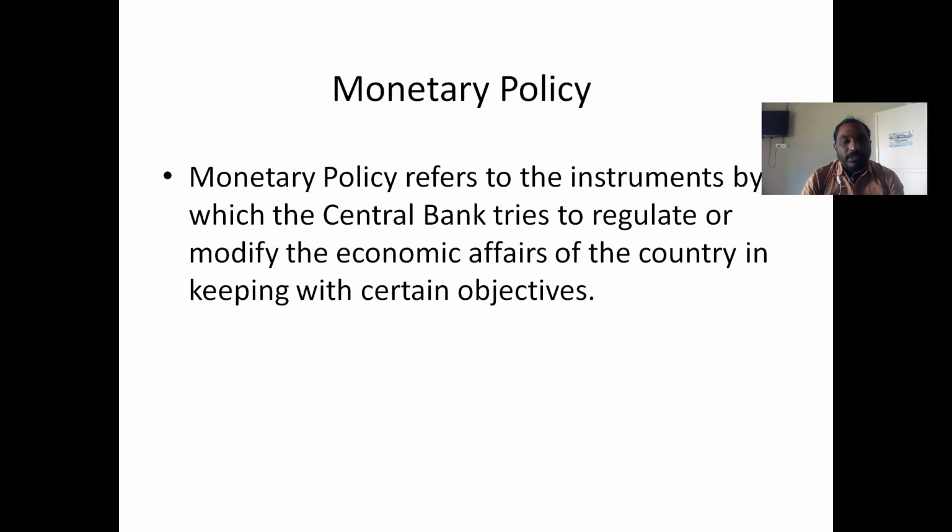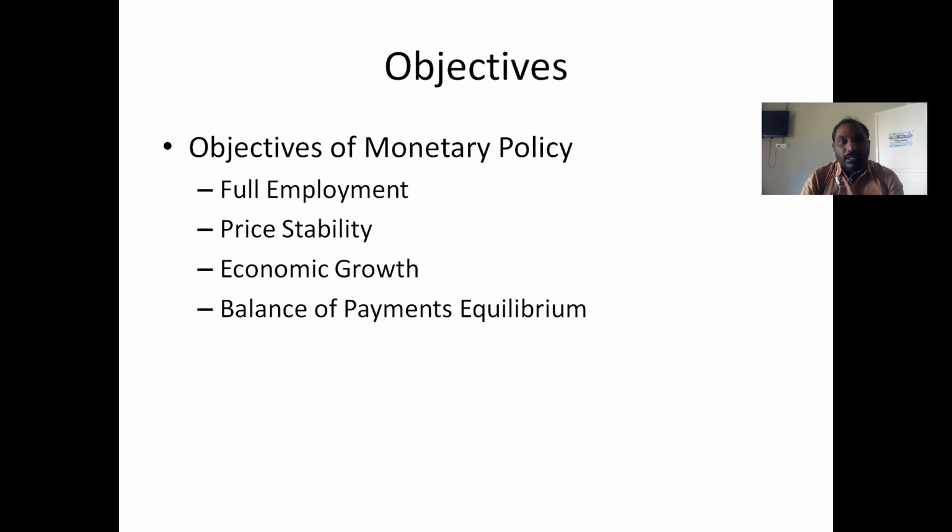Monetary policy refers to the instruments by which the central bank or the government tries to regulate or modify the economic affairs of the country in keeping with certain objectives. The objectives are as below. The first objective is full employment.